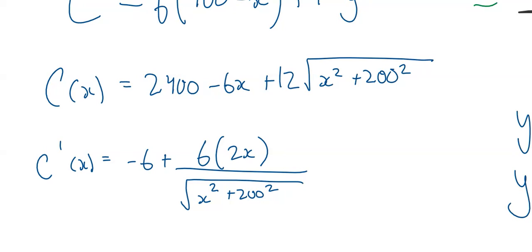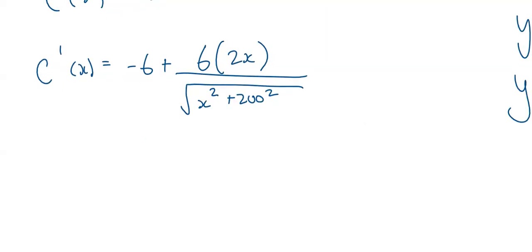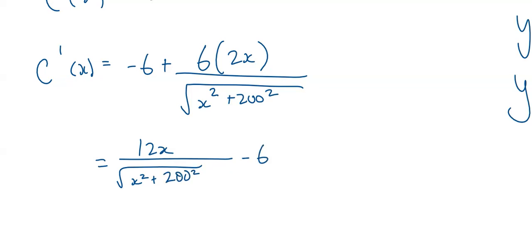Again, we end up doing square root functions enough that you could probably do that without rewriting as an exponent and doing every step. Do it in 1 step if you can, but if you can't, take a couple steps, that's fine too. But you've got to understand how we got there. So this is 12x over the square root of x squared plus 200 squared, minus 6.